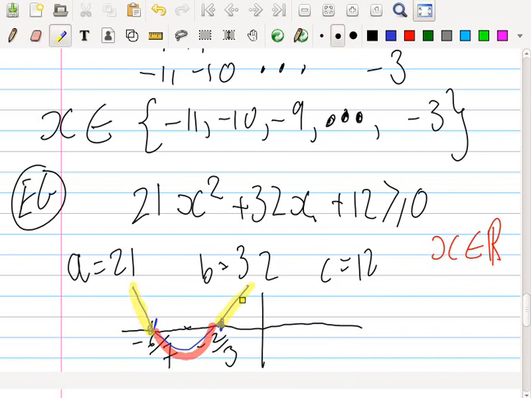Positive, negative, positive. So you only want this here and this here. So you want your x to be smaller than this, and you want your x to be bigger than this.